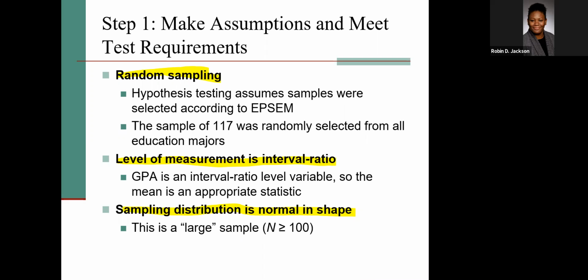So random sampling, the level of measurement, it's breaking that information down so you can see how we're making these assumptions. Again, the information in this step is usually written in an abbreviated form, and an example appears on page 192 of the course textbook. I'll show you this when I work through some of the examples, and when I demonstrate how to do this, I'll show you what it's supposed to look like.